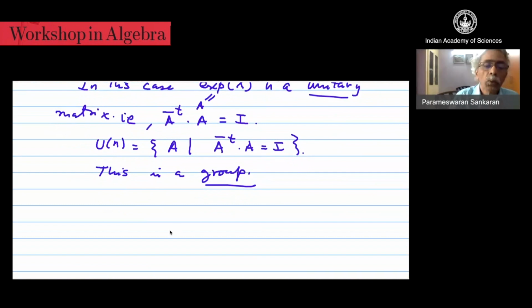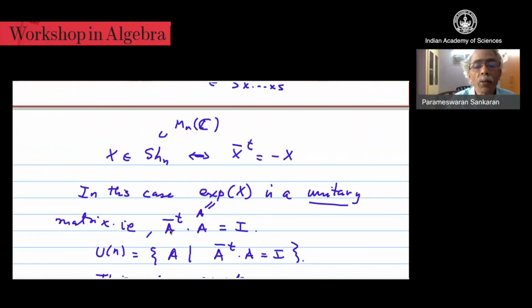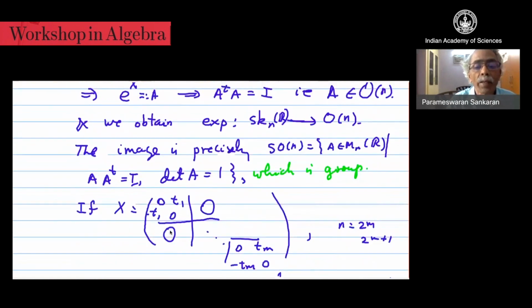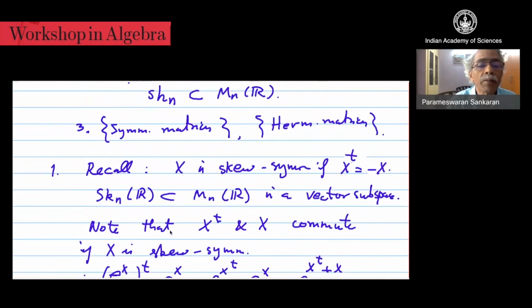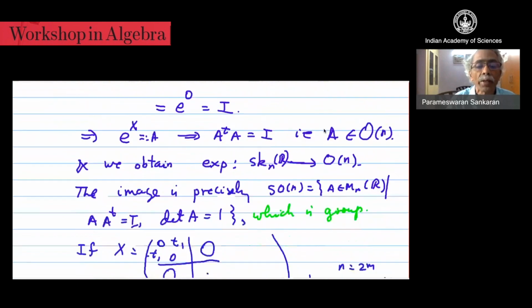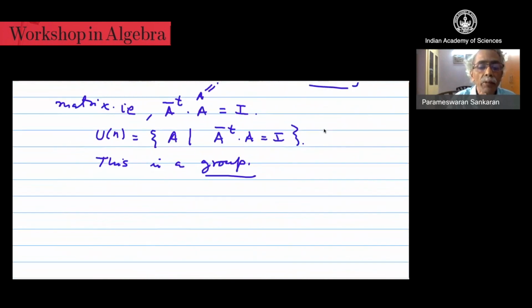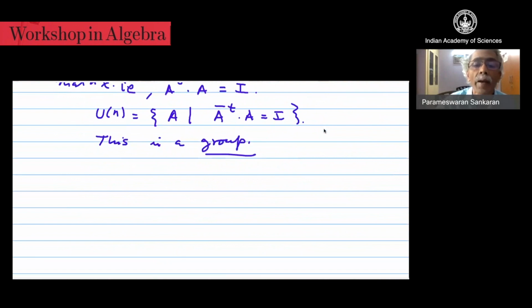Yeah, so let me talk about one other thing. This one I already commented about. I have listed number 3, symmetric matrices, Hermitian matrices. Let me talk about it a little later. But before this, I want to emphasize another example where we had a group as the image.